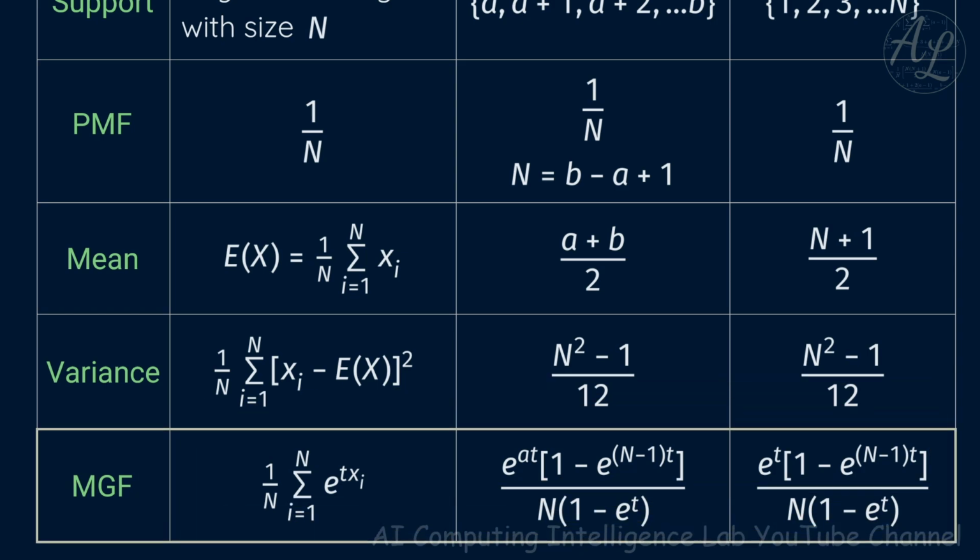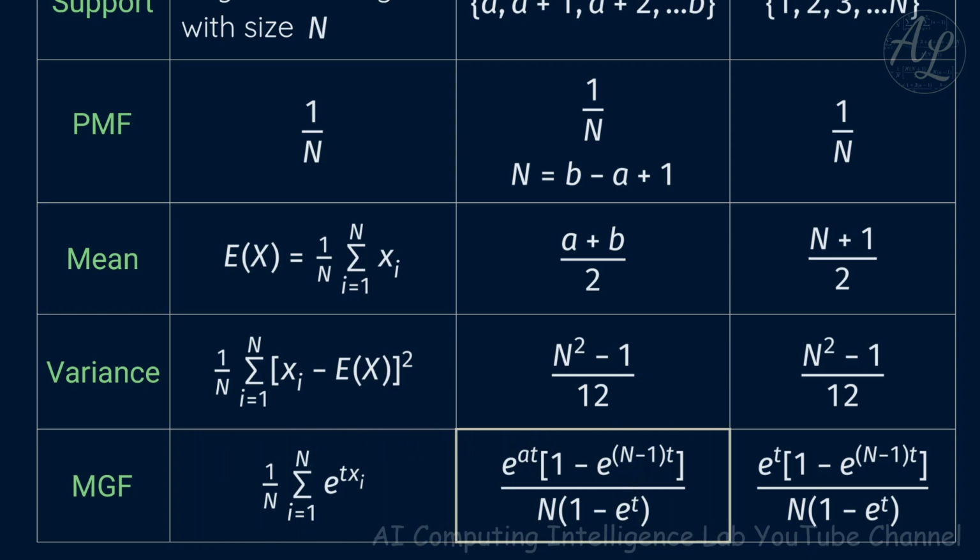For the moment generating function, for the general case, similar to mean and variance, we have to involve all of the values in the expression. And there is some averaging that happens because of the constant probability of occurrence in the distribution. So the moment generating function here is actually the average of the values of e raised to t times x sub i.